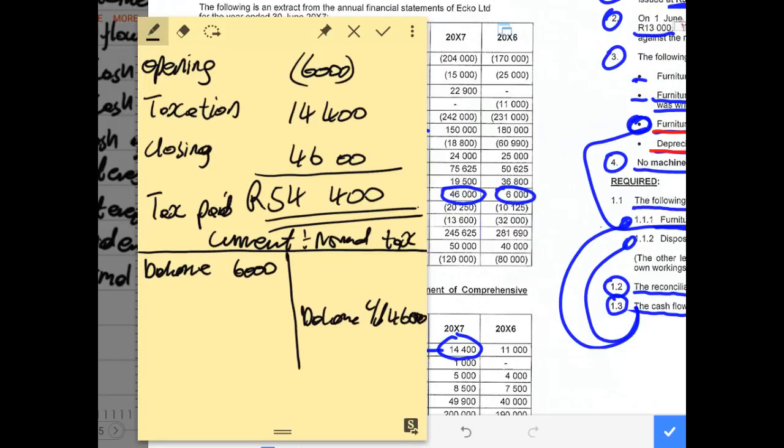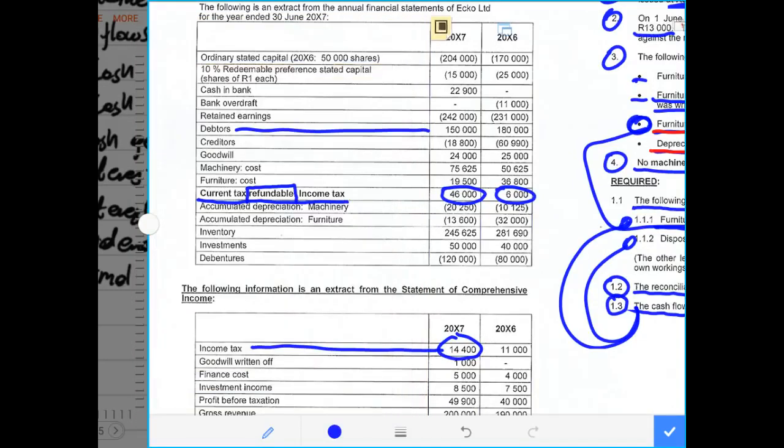So 46,000 will be on the credit side, the balance carried down, the balance at the end of the year. Then we have to record the tax expense for the year, which will be on the credit side of the ledger account, and that will be 14,400 rands. Remember that 14,400 is from the income statement tax expense for the current year.